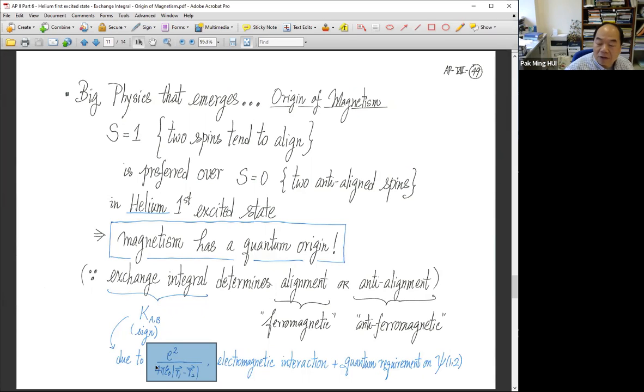In fact, we see both types of materials. When the spins tend to align in a material, it is called ferromagnetic.